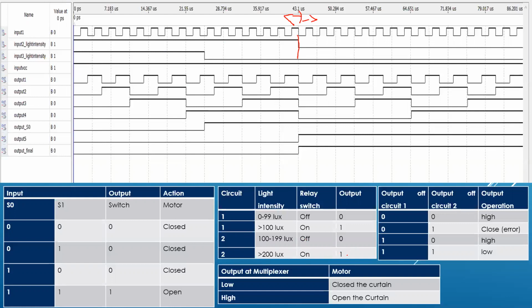So if it is on, the output will only show 1 when the light intensity is more than 200. So from here until here is the morning time with high light intensity.